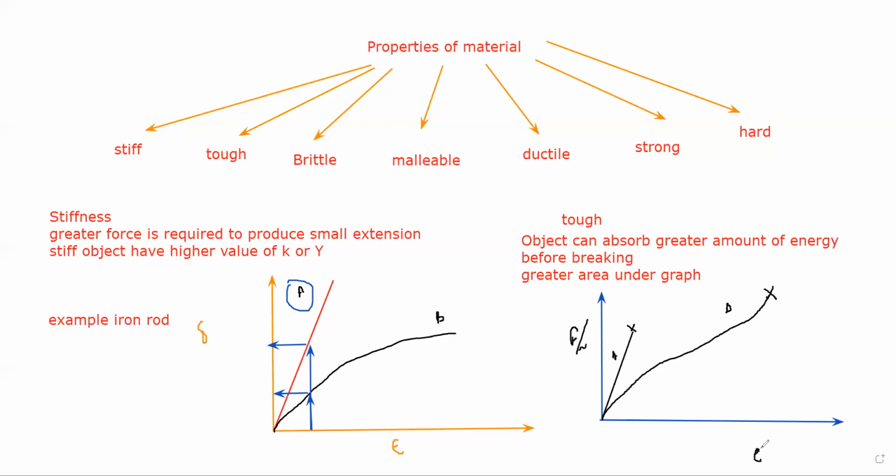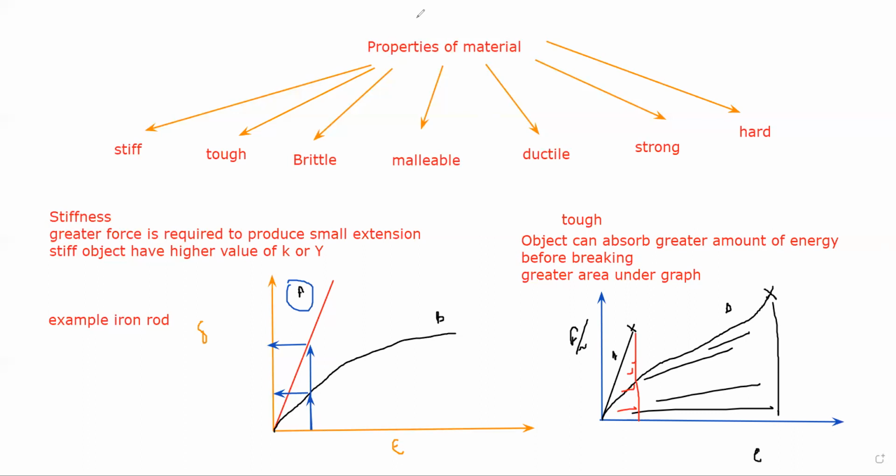So which material is tough? B is a tough material because when you find the area under the graph for B, B has a large area. But for A, a smaller area.